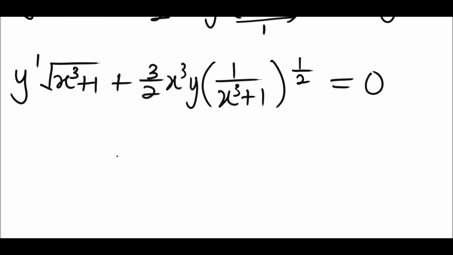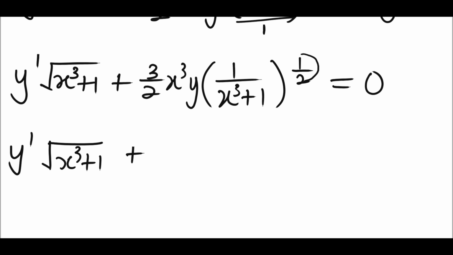So we continue to simplify. We're going to get our y prime multiplying the square root of x cubed plus 1 plus. Now you can see that here we have a power of half, which is the same as a square root. 1 exponent half is the same as 1. So the denominator exponent half will give us the square root of what we have over here. So we can rewrite it as 3 over 2 x cubed.